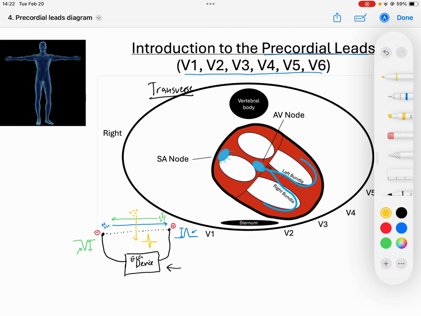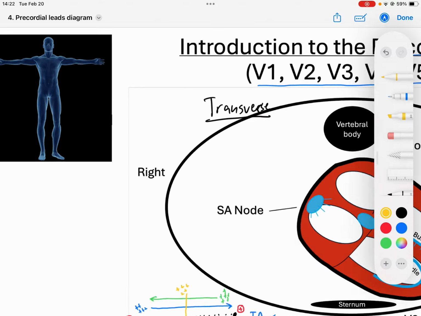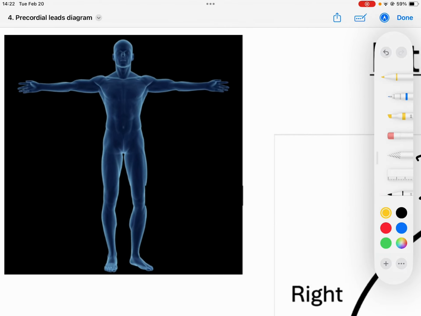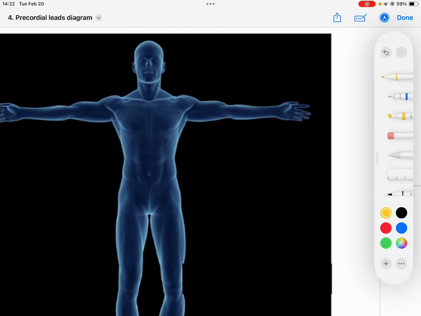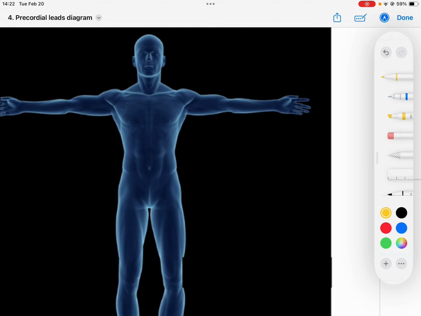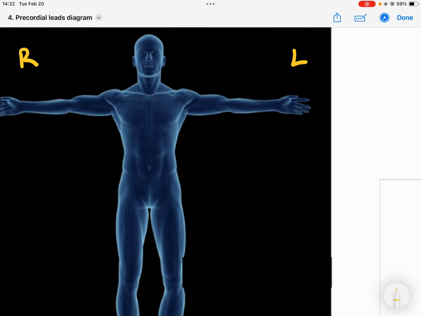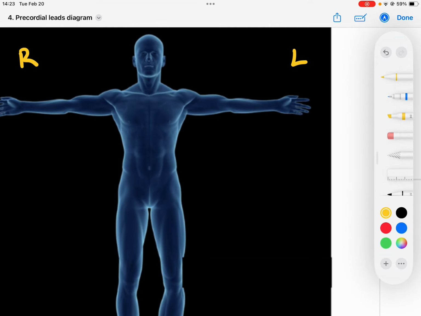Let's talk a little bit about what I mean, and this will make sense. So I'm going to zoom in on this guy right here. This is my human. And so we have 6 leads, we have 6 electrodes. Remember, this is the right side, and this is the left side if we're talking about anatomical positioning.